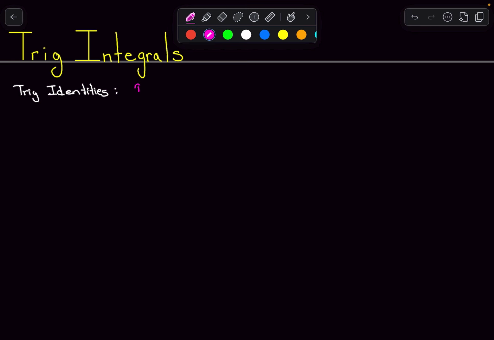So the very first one is the classic trig identity, sine squared of theta plus cosine squared of theta is equal to 1. That's very classic. The second one you can get by manipulating this one a bit.